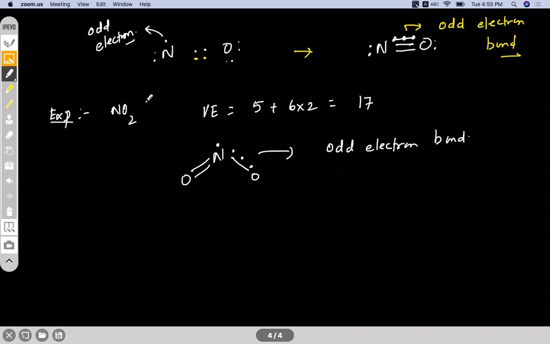I have not drawn here the molecular orbital configuration of sigma 1 and sigma star 1, because that is not required. I did it in the first one just to make you understand the meaning of half bond and how we get it. How do we get the idea that the molecule has an odd electron bond? Since the bond order is coming as 2.5, it means we must have a half bond and hence it is the odd electron bond.